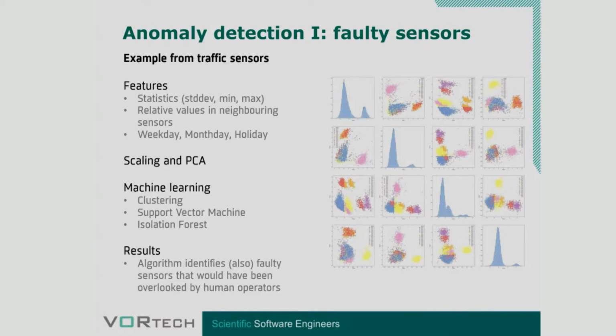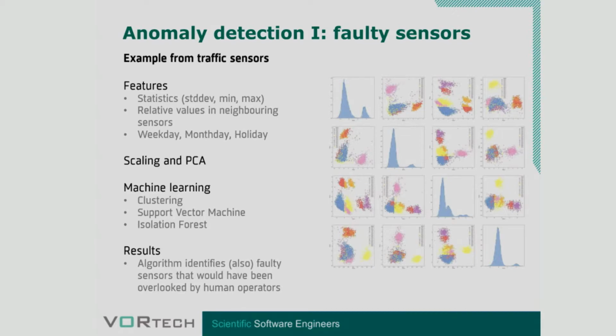Traffic sensors are the sensors that are located along the highways and also the smaller roads. And they collect data about passing cars, about the speed of cars, the intensity of cars. And there are quite a lot of these kind of sensors, in the order of, I think, some 10,000 of these.